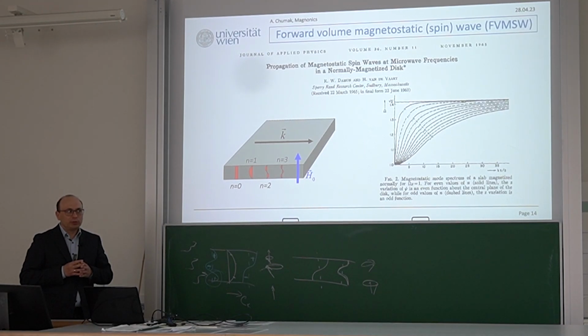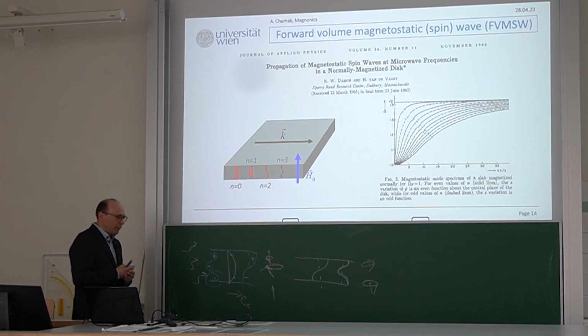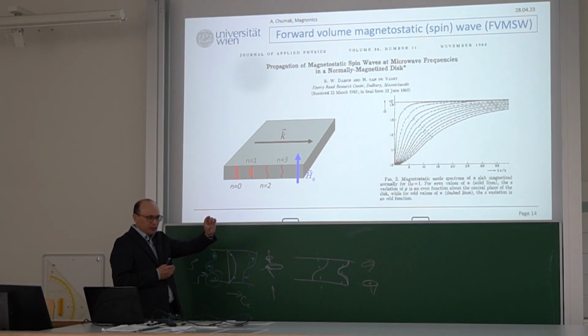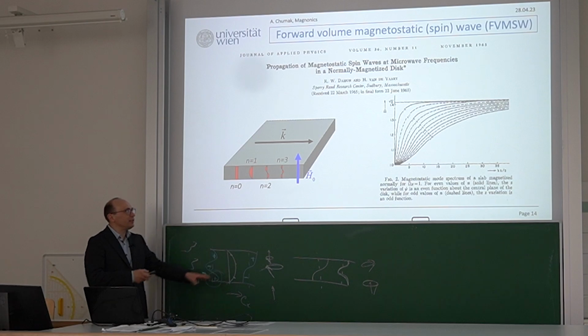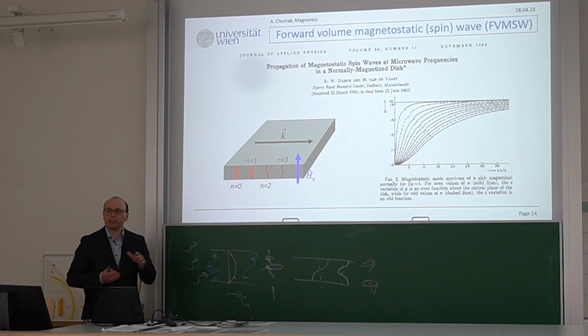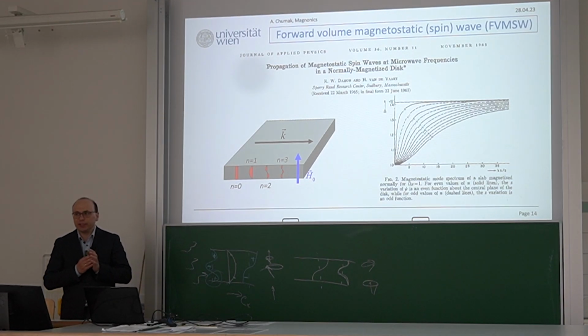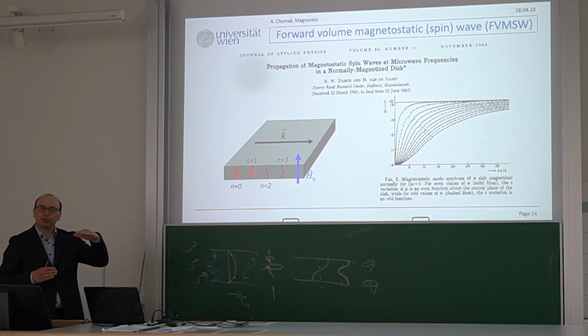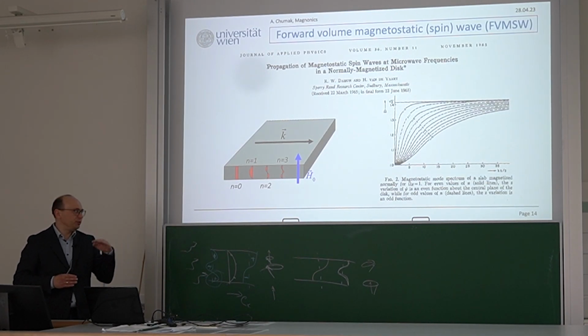If you would like to really excite it, that's why, for example, we go to nanoscale structures and nano thickness, because then these modes are getting well separated in frequency because of exchange interaction. We'll discuss it later. And then you can have such situations that you can work with the mode which you want.